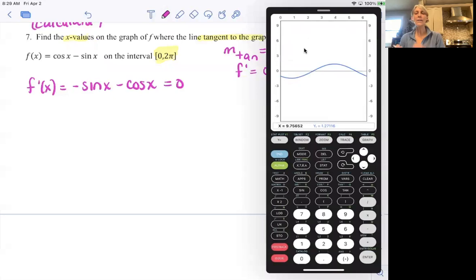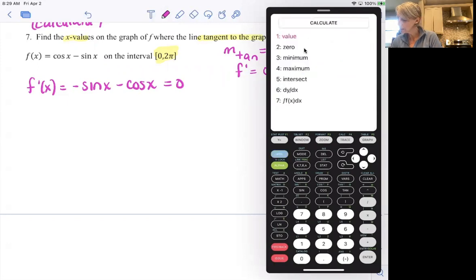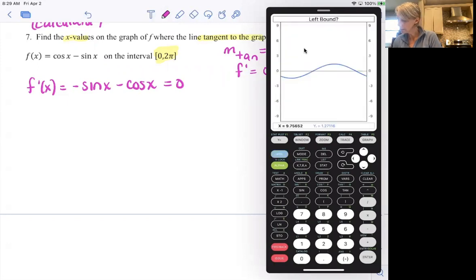When we look at that graph now, we see our x-intercepts clearly on the screen. Second trace, we want to find the zero. So now we just have to get our little cursor into our window. I'm going to do this one, left bound.